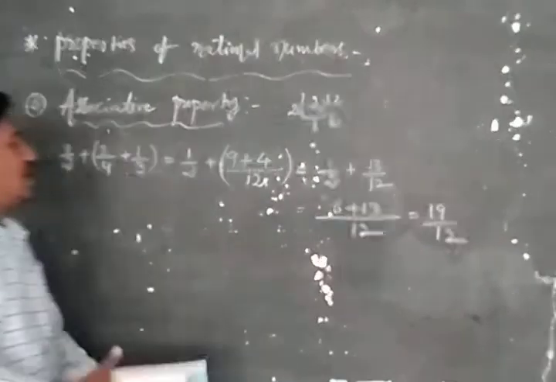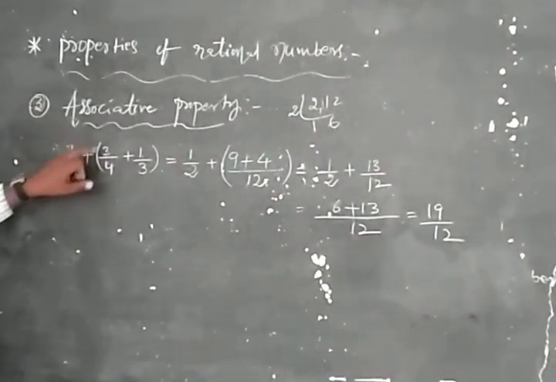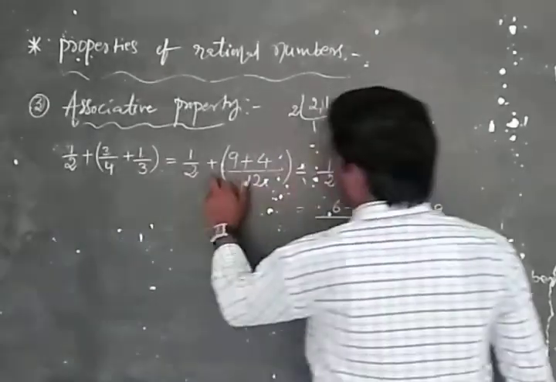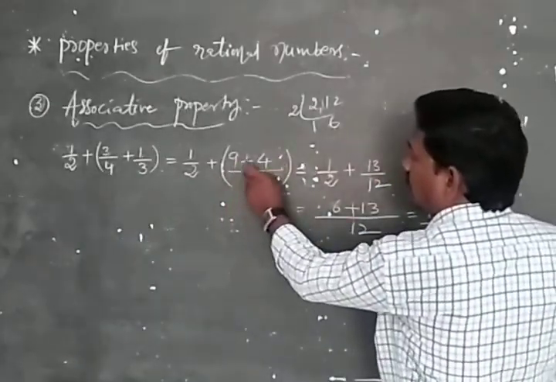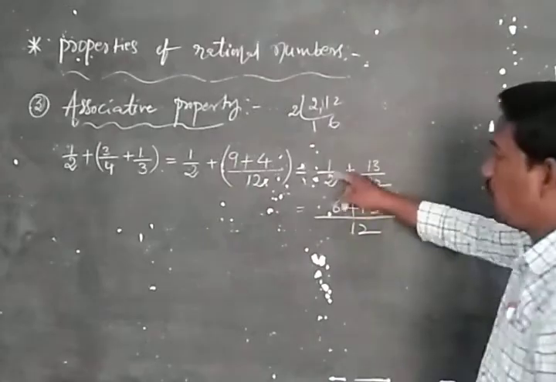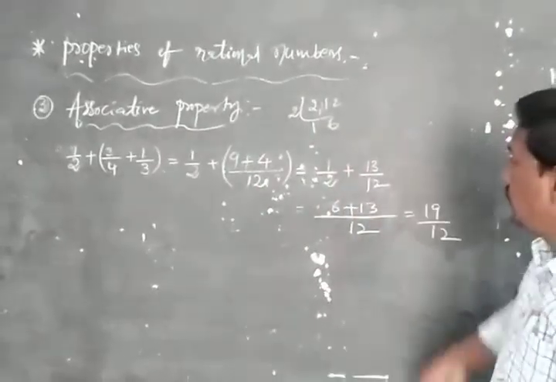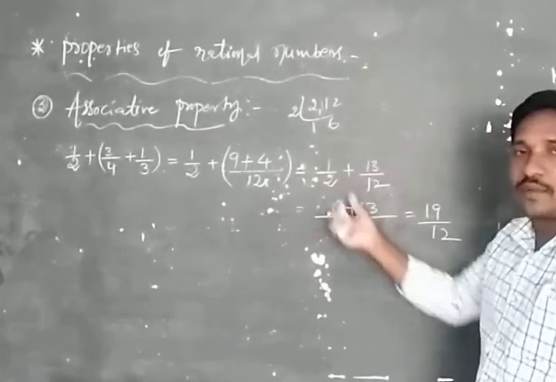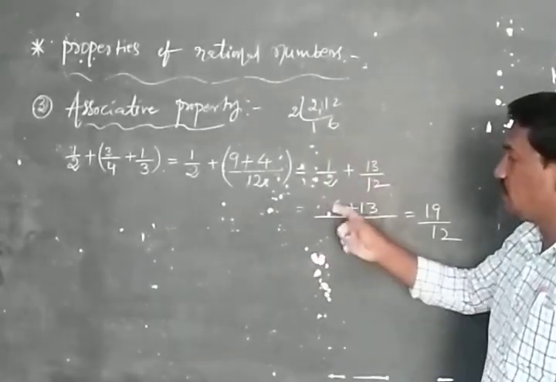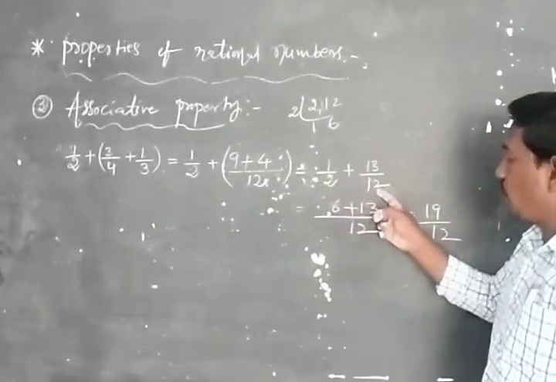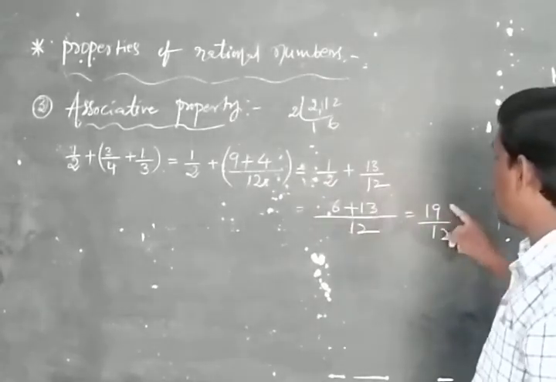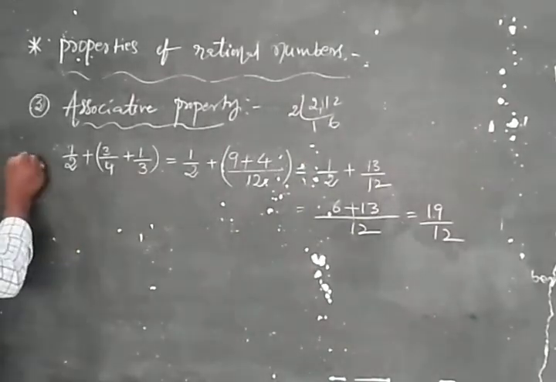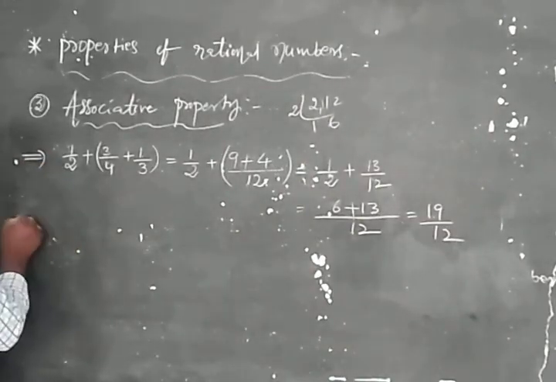So what is the answer of 1/2 plus 3/4 plus 1/3? 1/2 plus 9 plus 4 over 12, that is 1/2 plus 13/12. The LCM is 12. If 2 becomes 12, we have to multiply by 6. 1 6 is 6, plus 13 is 19/12. Okay, check it once again.